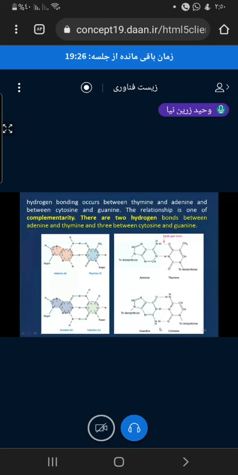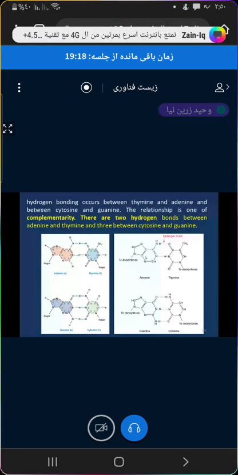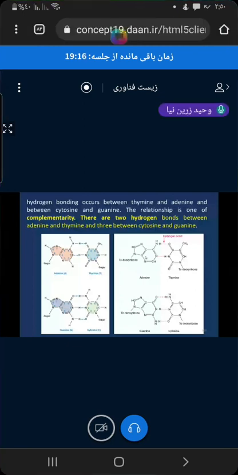Any question up to now about the DNA structure and how DNA can bind together and produce a polymer chain of DNA? Question?